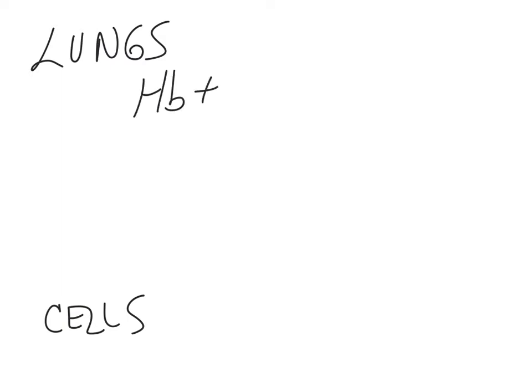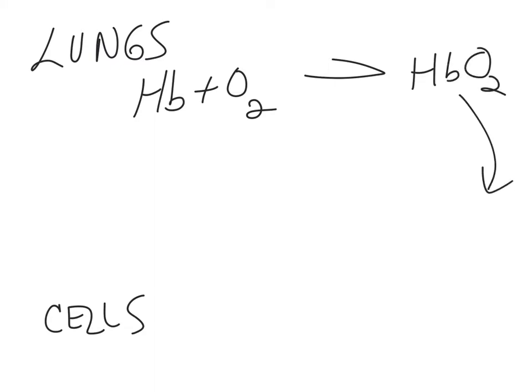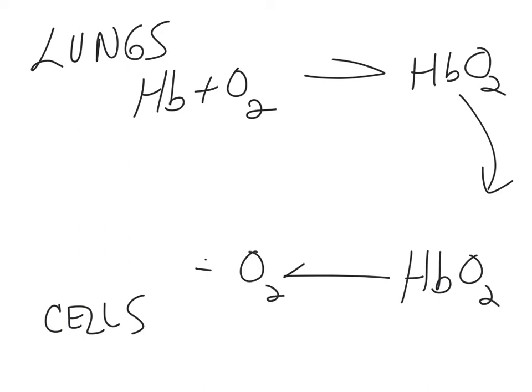Now let's relate this to pulmonary respiration and systemic respiration. At the lungs, the hemoglobin molecule will pick up the oxygen to form oxyhemoglobin. That oxyhemoglobin then transports the oxygen in the blood to the cells, at which point it will then dissociate and release the oxygen for the cells to be able to utilize.